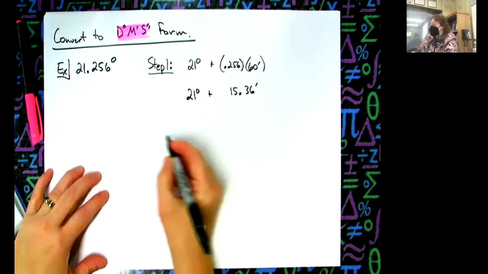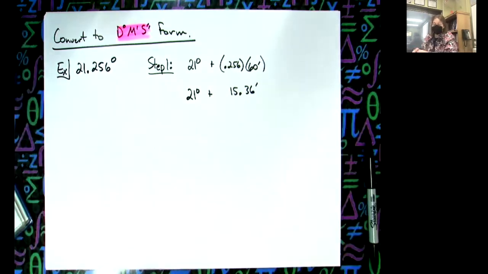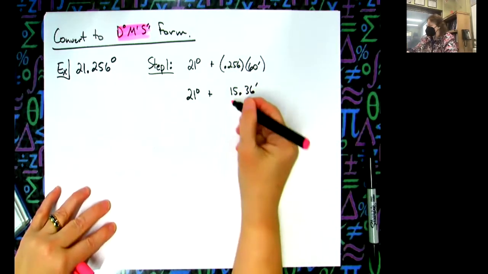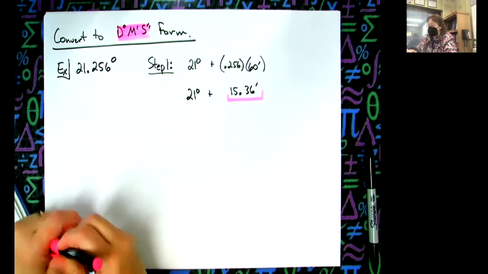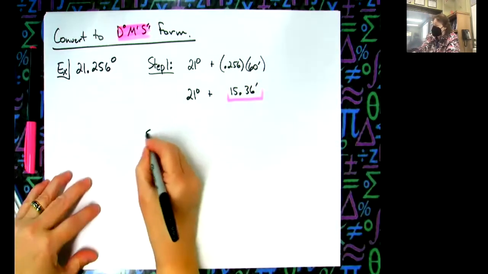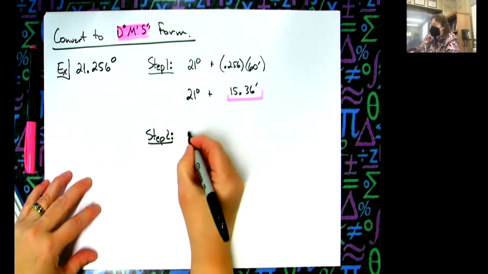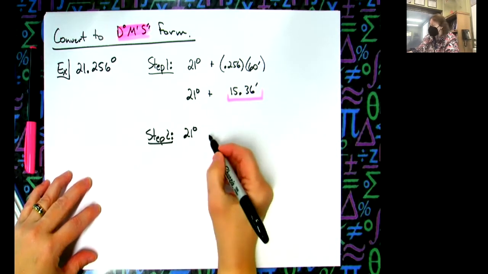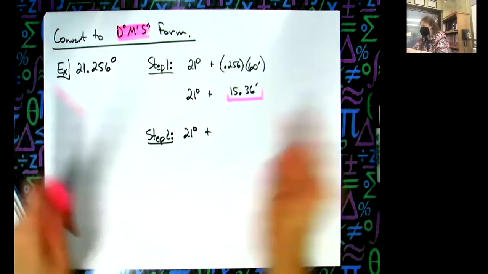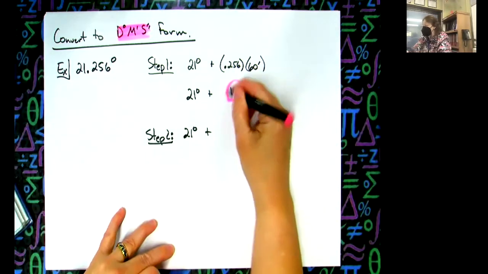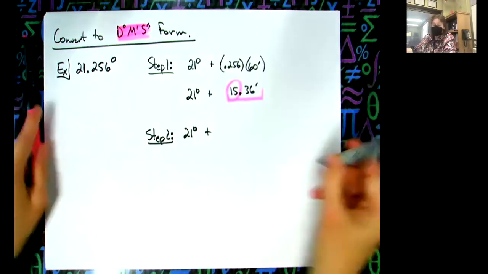Okay, so for my step 2, I'm going to take this and break it up into the parts that I know. I know I've got 21 whole degrees, and now I know that I've got 15 whole minutes.